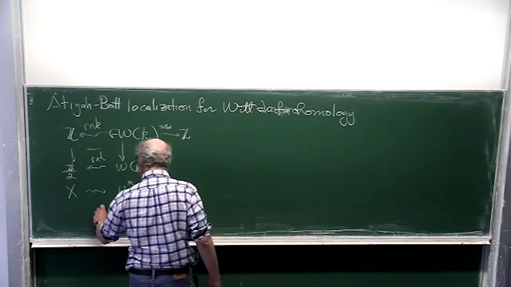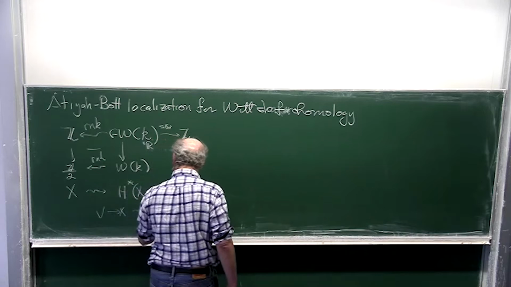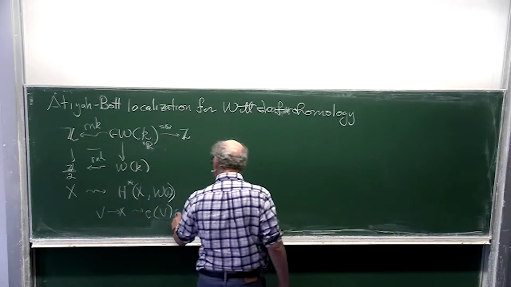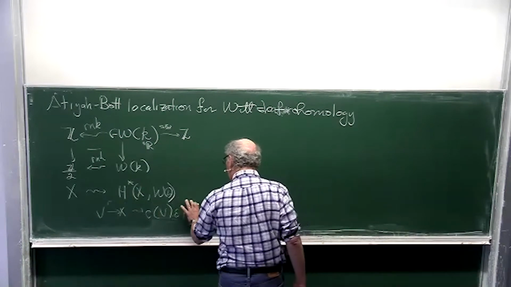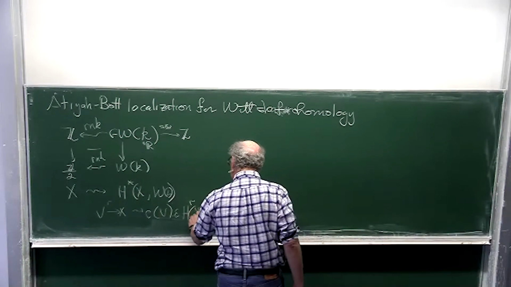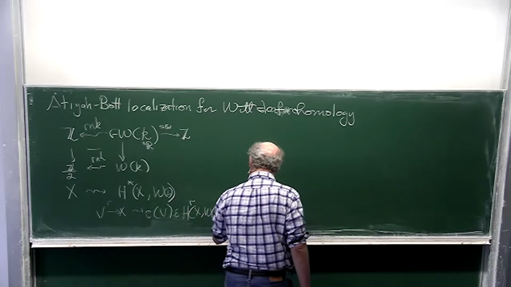And if you have some vector bundle on X, you get some Euler class of the vector bundle. If it has rank r, it lives in the r-th cohomology, twisted by the inverse of the determinant.